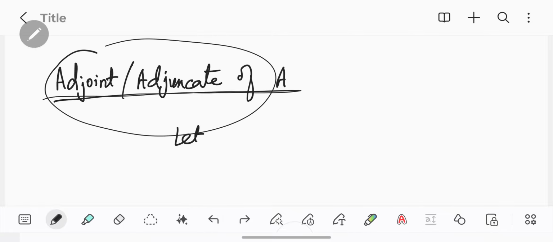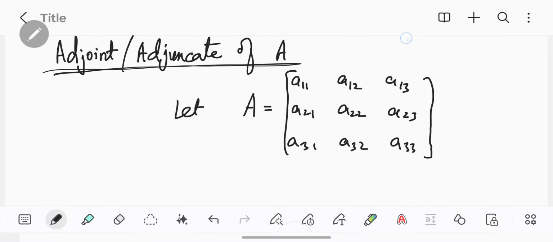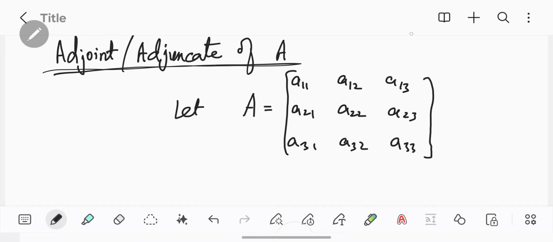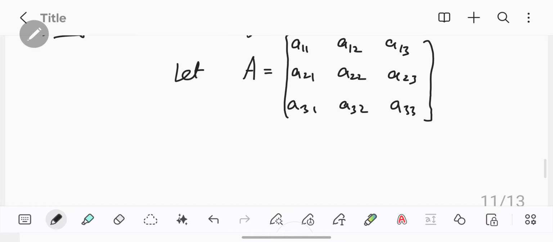So let us assume a general 3 by 3 matrix whose entries are very general. Then first we define the ijth cofactor.